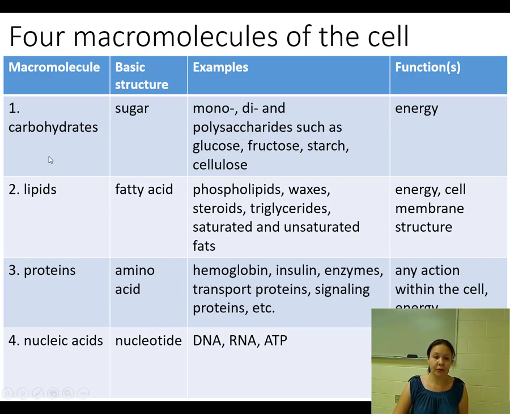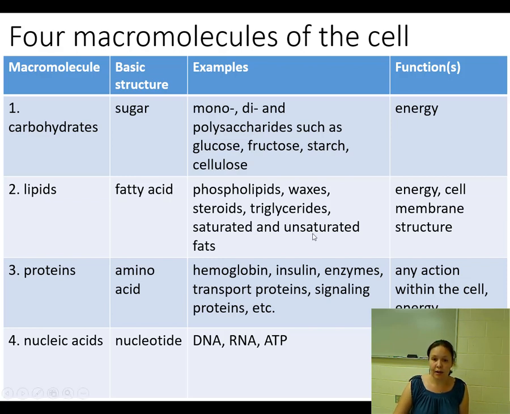Lipids is the next group of macromolecules, and lipids are based on a fatty acid structure. Triglycerides, written here under examples, include a glycerol group with 3 fatty acid tails. That is an example of a type of lipid.